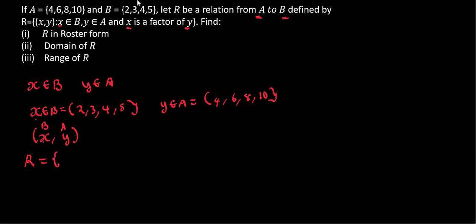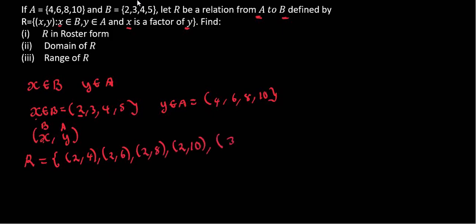So in this situation, B is the X. So we say 2. What numbers can it enter into in A without leaving a remainder? 2 can enter into 4 without a remainder. 2 can enter into 6, into 8, then into 10 without a remainder.